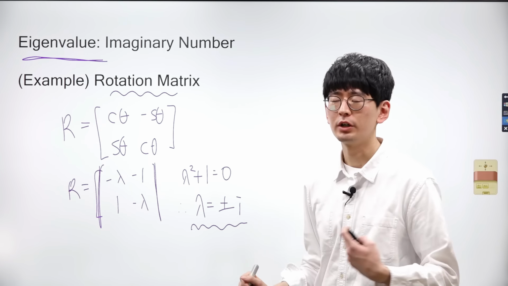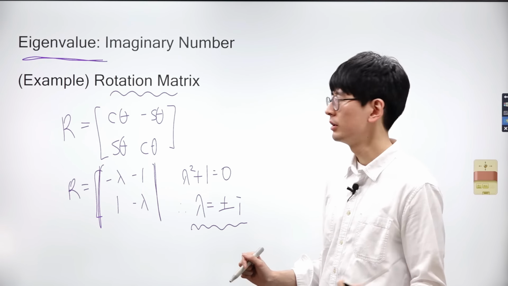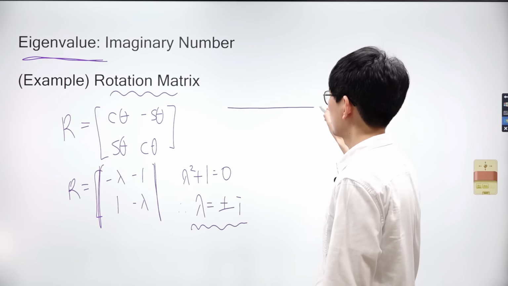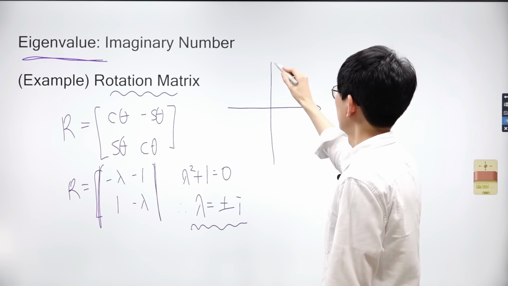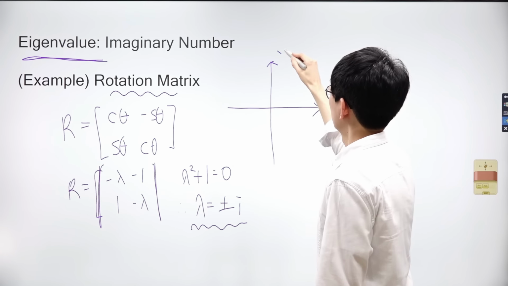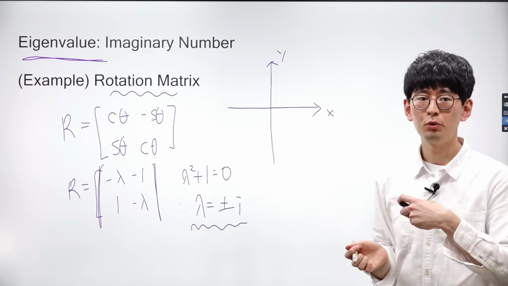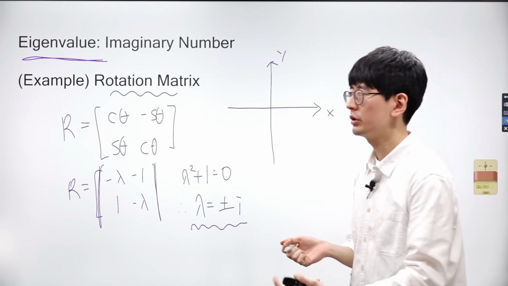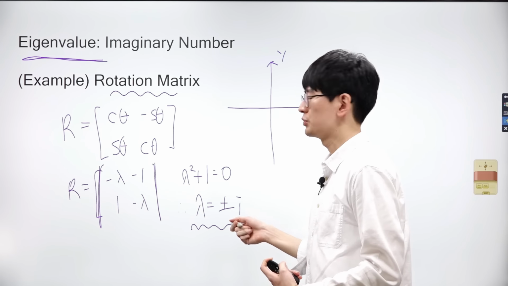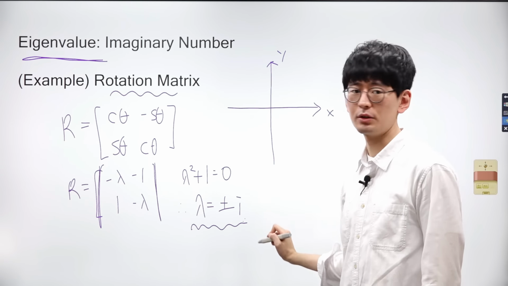When the value of an eigenvalue is an imaginary number, it implies that the corresponding eigenvector also contains imaginary numbers. This means that there are no vectors that maintain their directions after the transformation by the matrix. Let's see why.